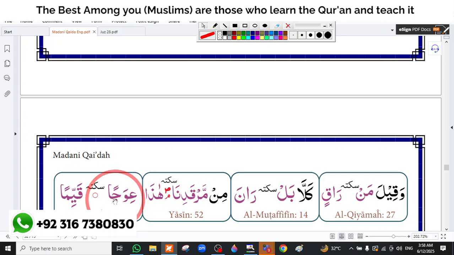Start reading by looking. Take a pause because it's sakta now. We will have to pause. The double zabar will convert into an alif, so we will stretch. Good. Iwajan qayyiman.